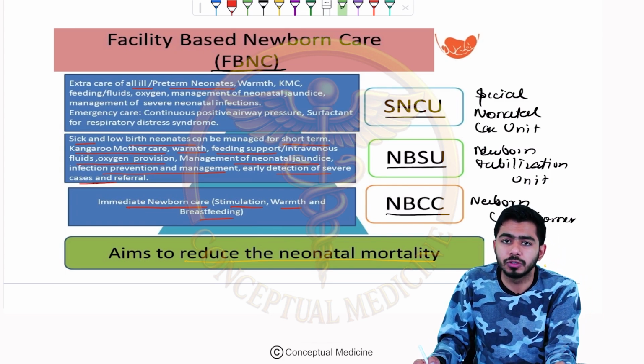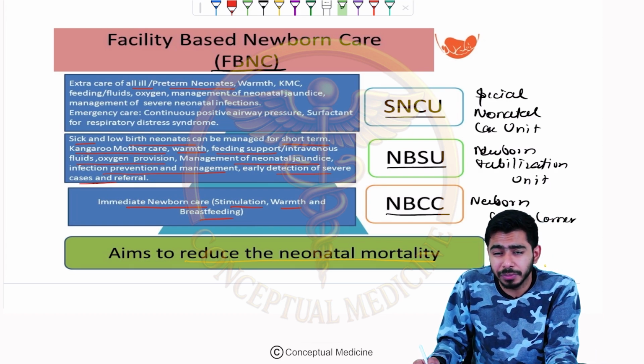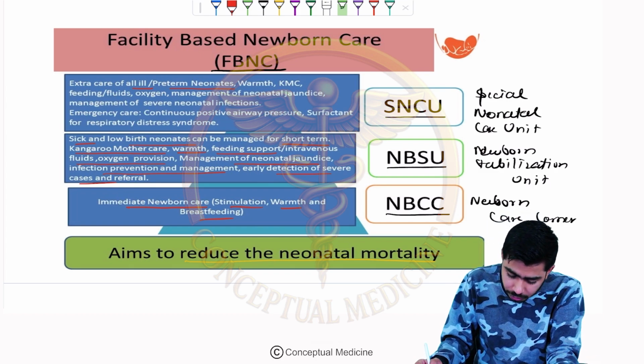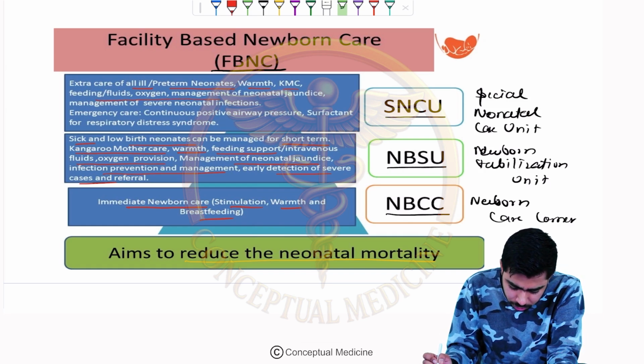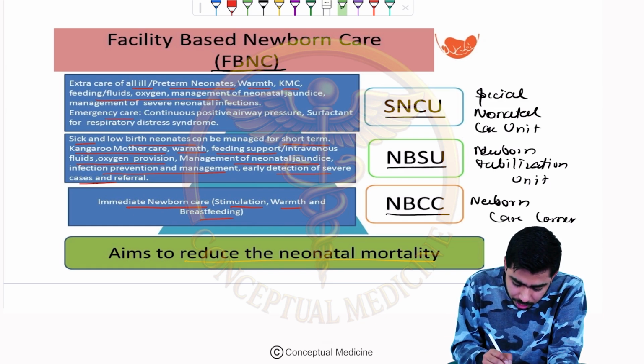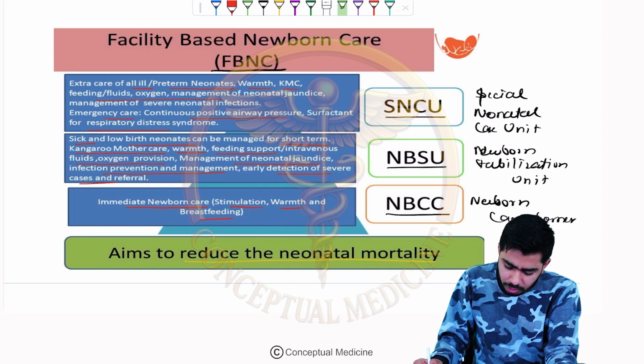Let's say a baby born before 37 weeks, or an extremely preterm baby, might be shifted to the SNCU because of very low weight. Warmth and KMC, IV fluids, oxygen, and management of neonatal jaundice will be given. Emergency care, like CPAP and surfactant for respiratory distress syndrome, is also given. All of these things we talk about for the SNCU.